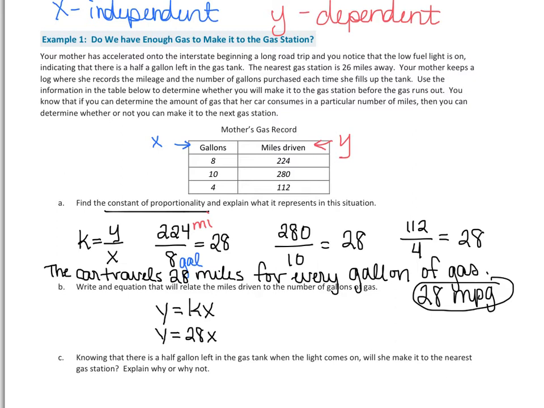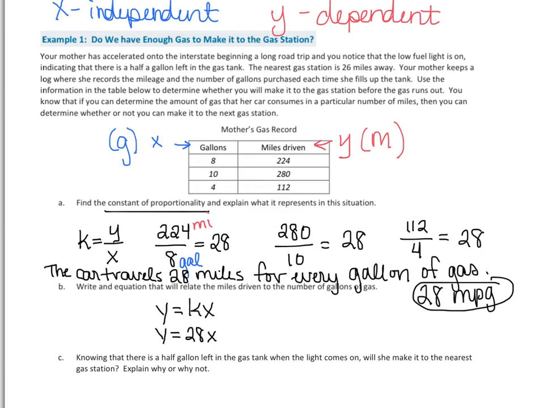So sometimes what we do is we change those y's and x's so it makes sense with what we're actually talking about. So if I look back up at my table, I see that I have miles driven for my y value. So what letter actually makes sense to use for y instead of y? I'm going to use M for miles. And on the other side, I've got X for gallons, and I'm going to use G instead.